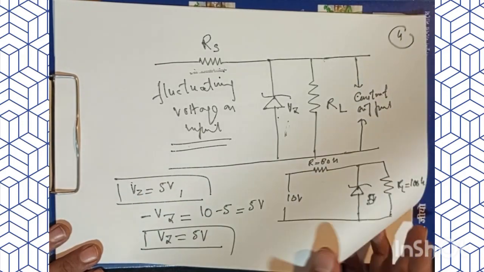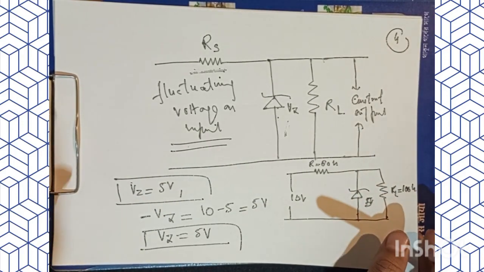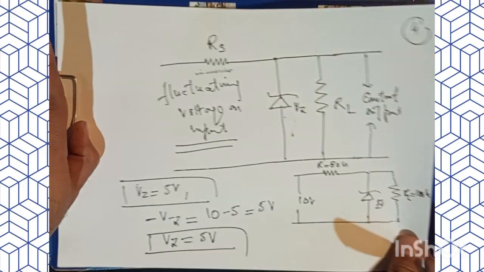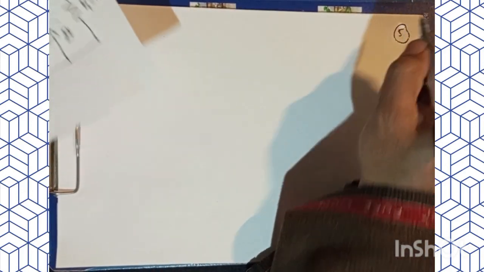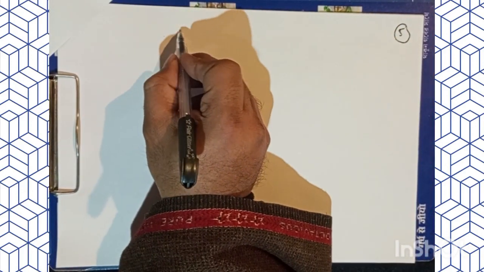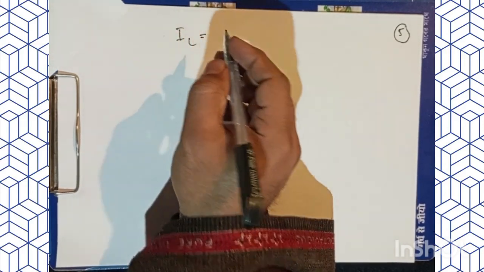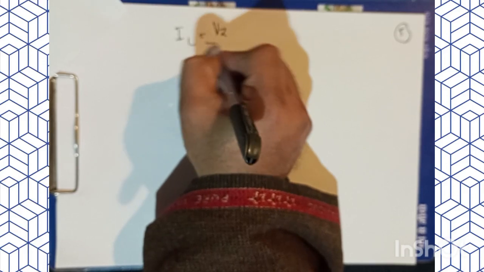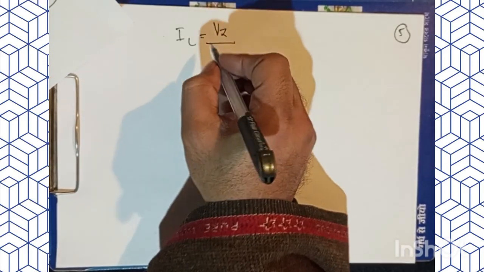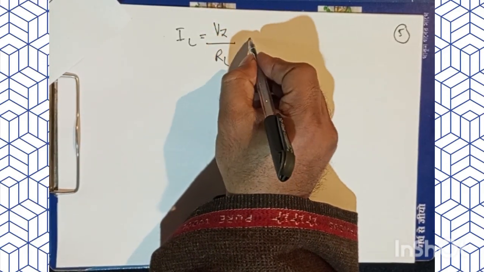Now, in order to proceed from here, I want to calculate the load current. That, suppose IL, will be equal to VZ divided by RL, the load resistance.